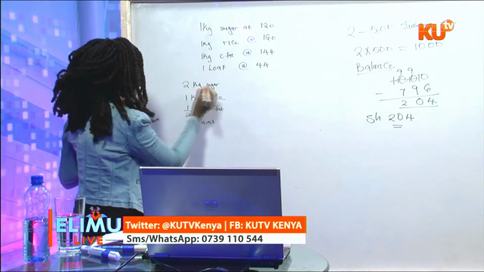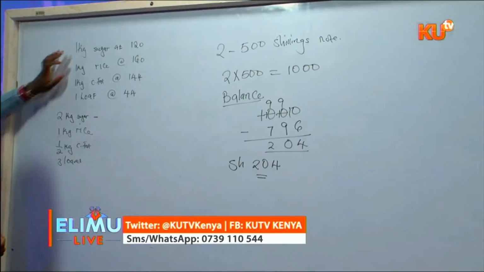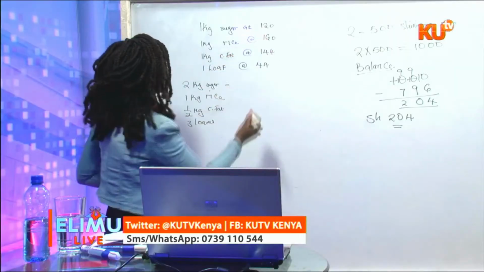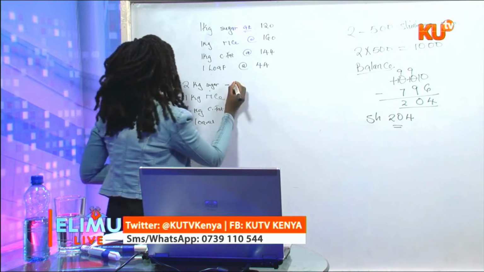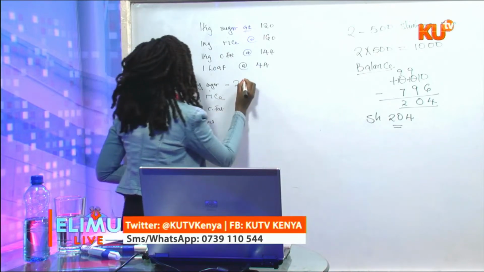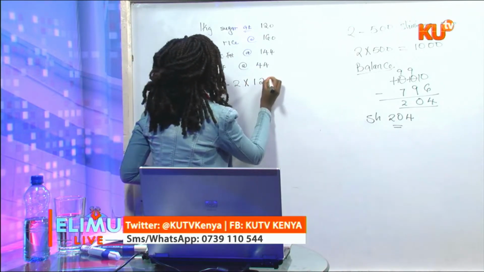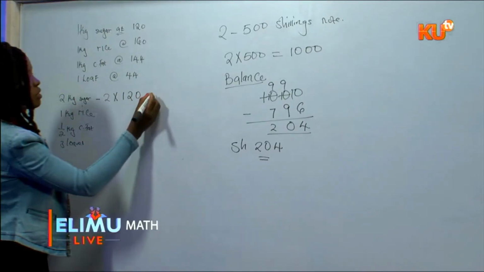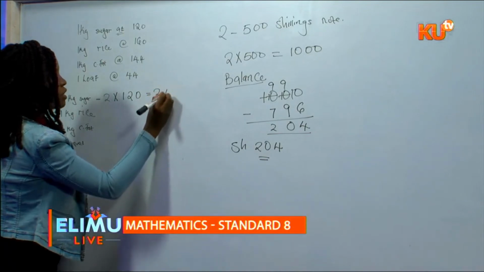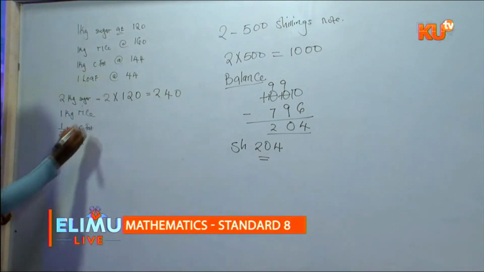If she bought 2 kgs of sugar, 1 kg costed 120. We have the price here to mean the cost of a kg. So 2 kgs of sugar times 120, that is the cost of 1 kg. 2 times 120, we get 240 shillings.